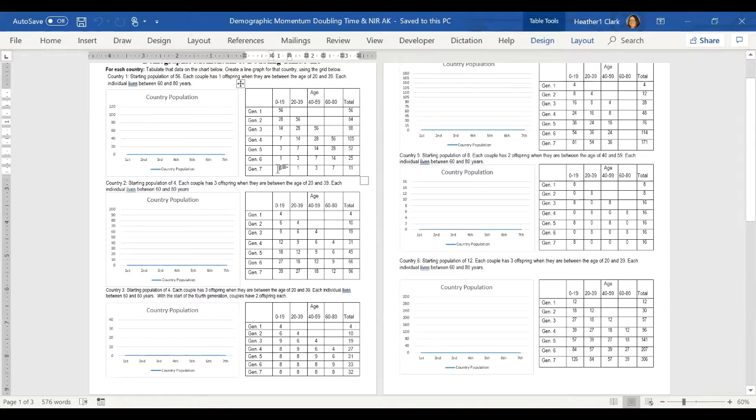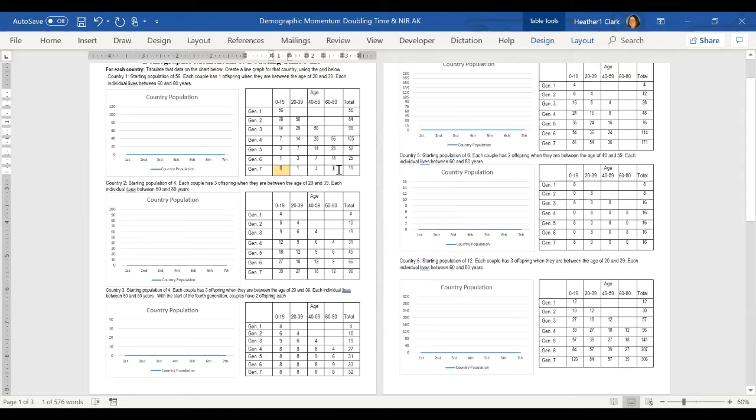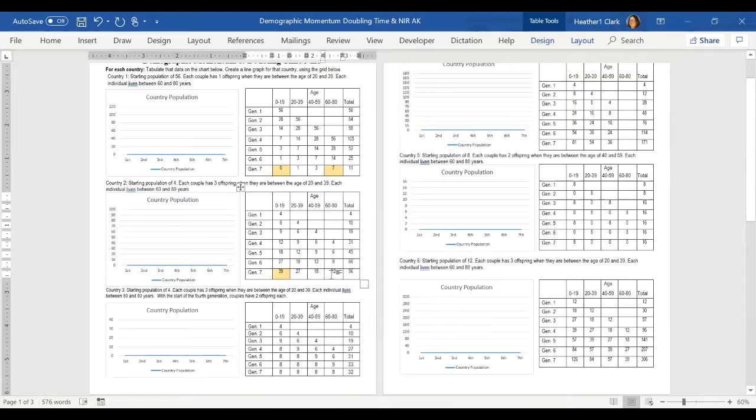You're going to take the birth rates, this box and this box, so your birth rates and your death rates for each of the different areas for each of these different questions.